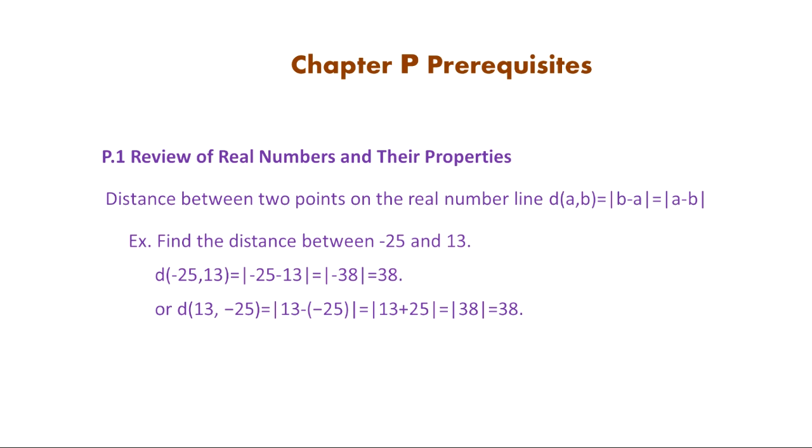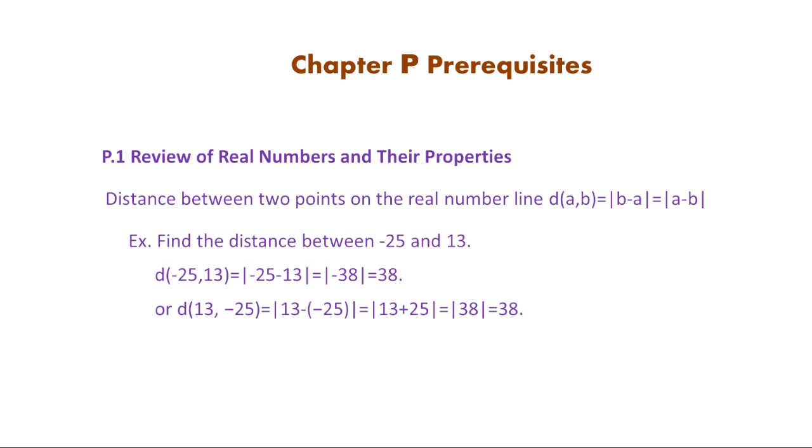So make sure you know how to subtract negative numbers. You get more negative from negative 25. But then you take the absolute value, it becomes positive, so it's 38. So the distance between these two points on the real number line is 38.